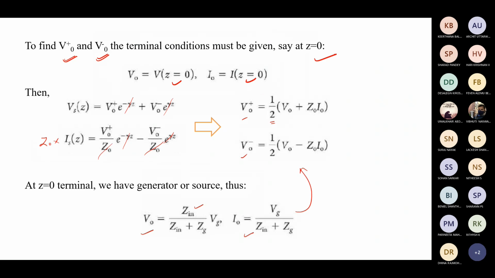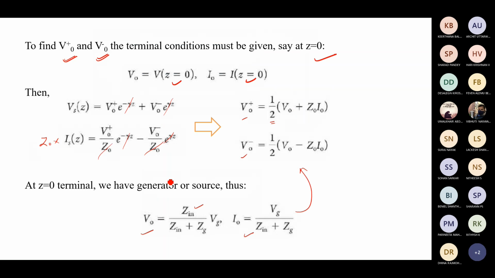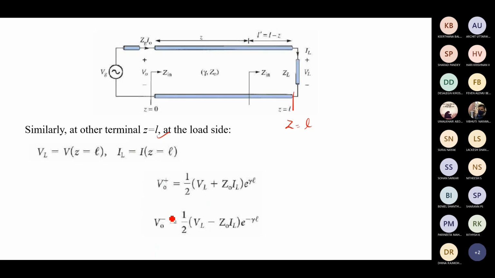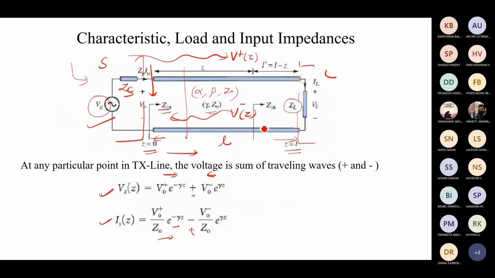Now we calculated at z equal to 0, that is, at the source side. The same expression can be calculated at the load side. At the load side, we have z equal to L, so we are going to substitute z equal to L. When you substitute that, you will get an expression similar to the earlier one, but in terms of V0, which is the voltage and current at the source side.